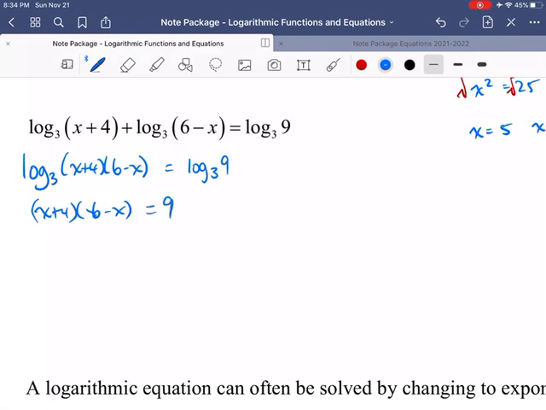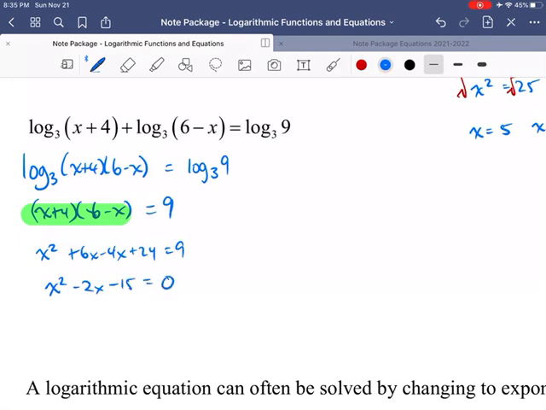If we expand here, what do we get? Negative x squared plus 6x minus 4x plus 24, and that equals 9. If we simplify everything, we get x squared minus 2x minus 15 equals 0.